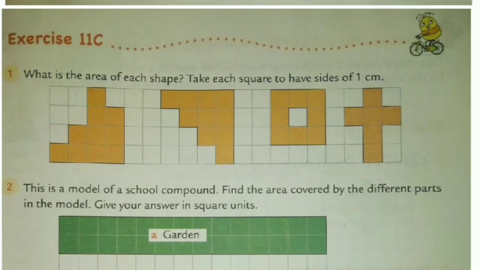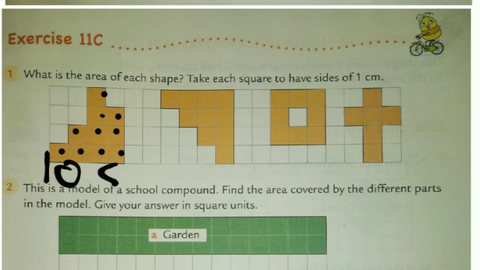Exercise 11C. What is the area of each shape? So now we can count from inside. 1, 2, 3, 4, 5, 6, 7, 8, 9, 10. So total is 10 square centimeter. Why?